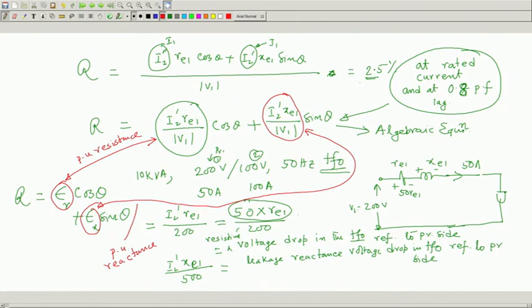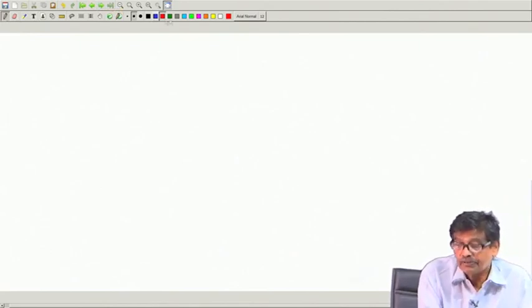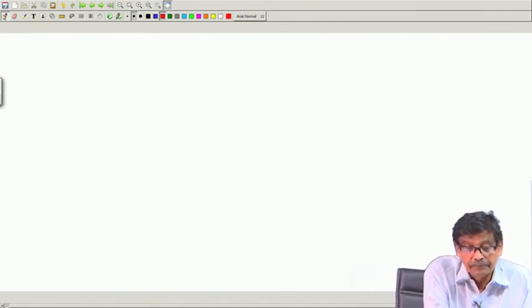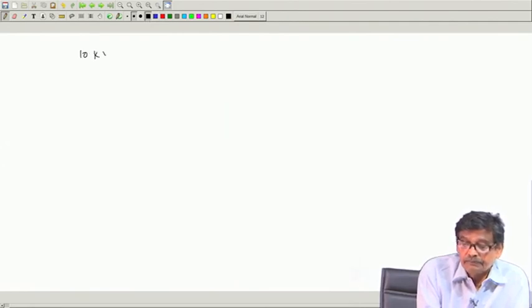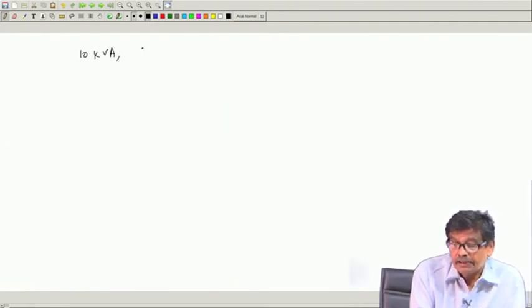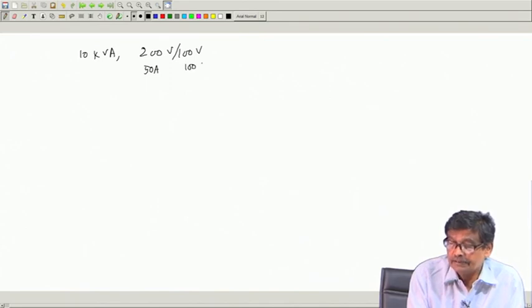In numbers, suppose I say for this 10 kVA transformer, 200 volt by 100 volt, 50 hertz, that the rated current on this side is 50 ampere and on the other side 100 ampere.